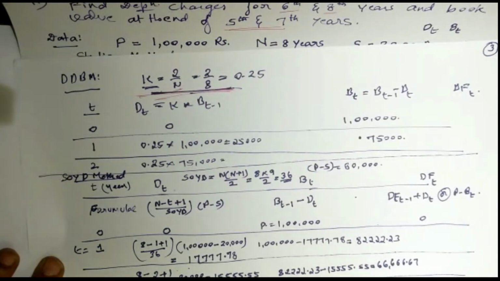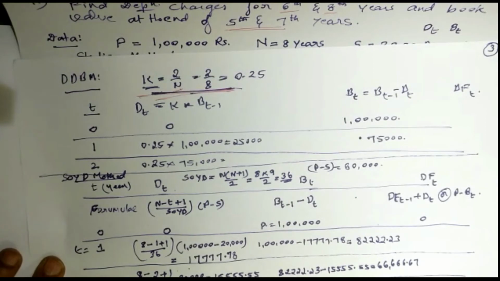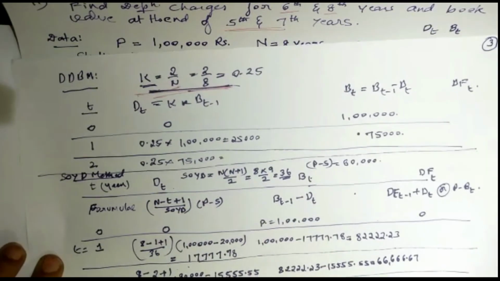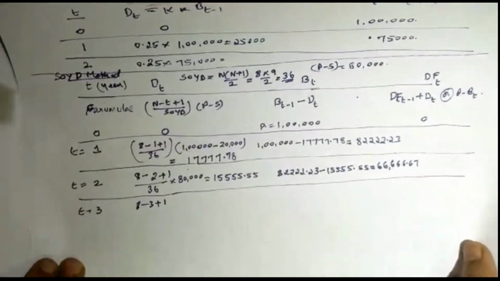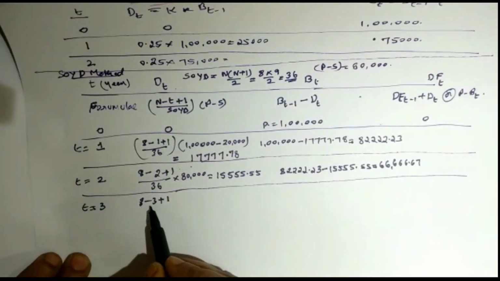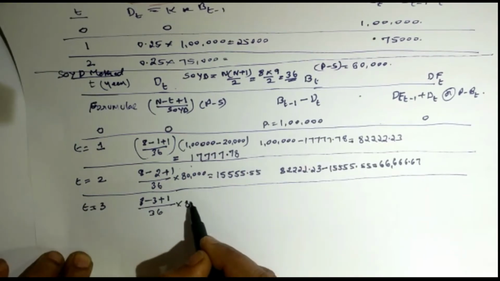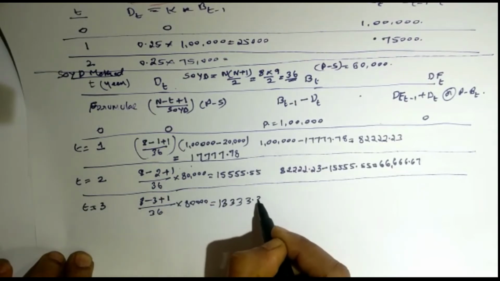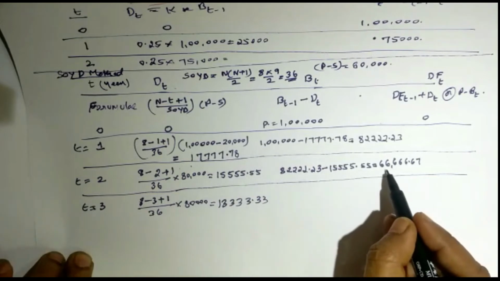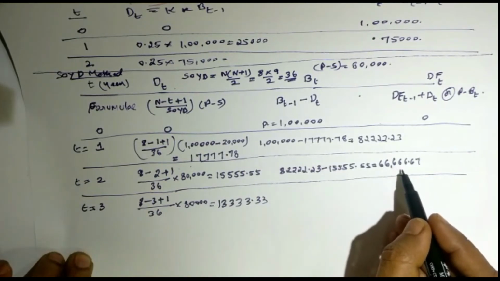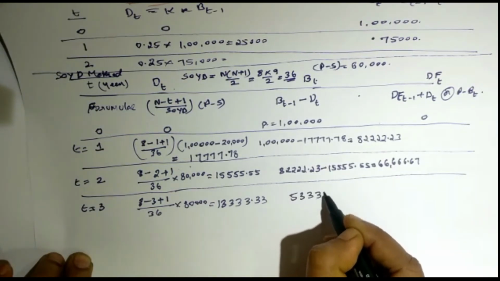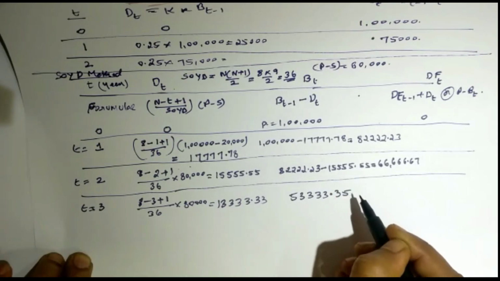Similarly, t is equal to 3. In place of t, let us put 3. 8 minus 3 plus 1 divided by 36 into 80,000 comes to 13,333.33. When you subtract this from 66,666.67, we get 53,333.35.